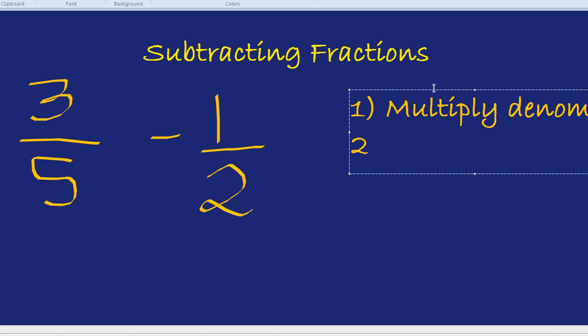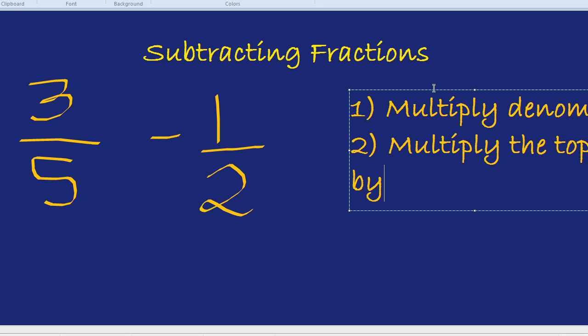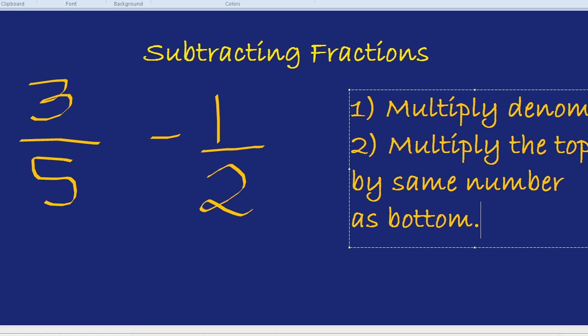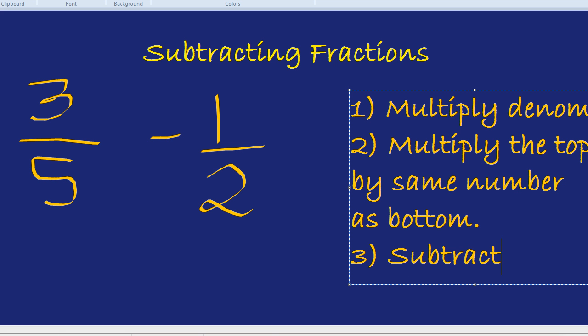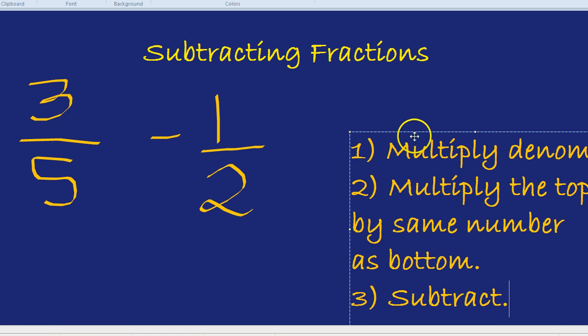Step 2, you multiply the top by the same number as the bottom. Then finally, step 3, you add the top lines, but in this case we're going to subtract the top lines. That sounds complicated, but let's actually practice it.